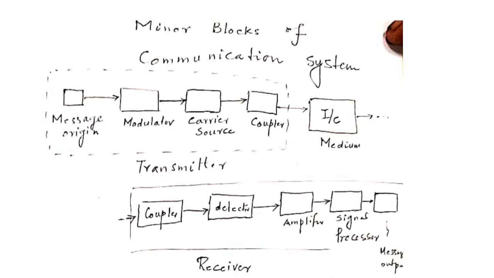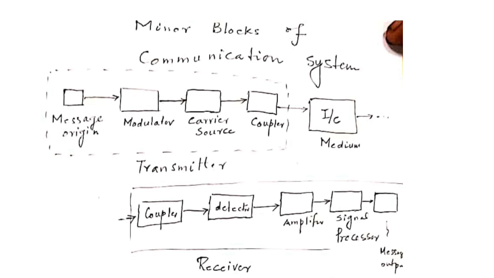We consider these minor blocks once again. These are the minor blocks of a communication system. We have discussed the function of the information channel, which is the medium. We go ahead to the receiver now. There are 5 minor blocks inside the receiver of a communication system.